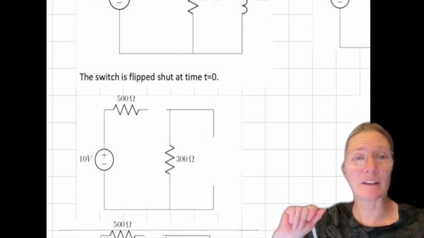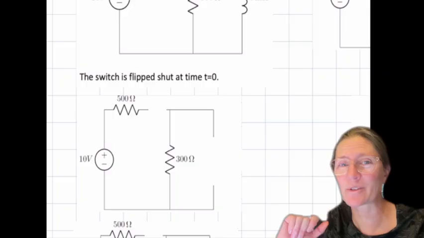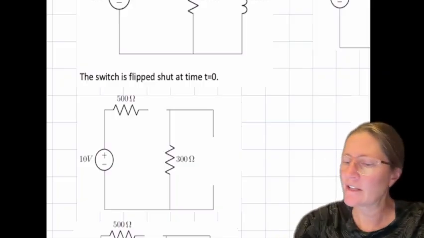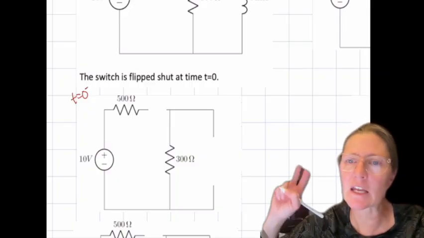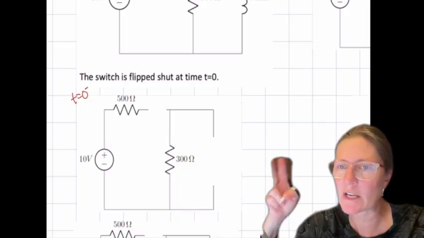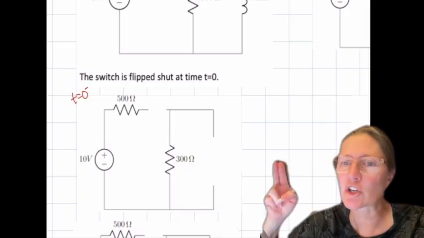Oh, actually it does say that. The switch is flipped shut at t equals 0. And so we need to find it before it happens, and then as it changes right at the change, that current will be the same.